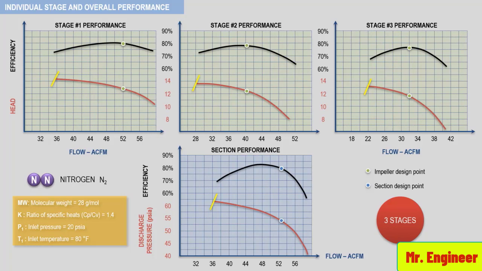Now I'm going to show you the effect of fouling the first and second stage impellers in the same compressor. So, in the fault condition, the head capacity curve and the efficiency curve for the first stage will look like this. And for the second stage, they would look like this. Note here how this affects the operating points on the third stage, with the new operating points in fault condition.